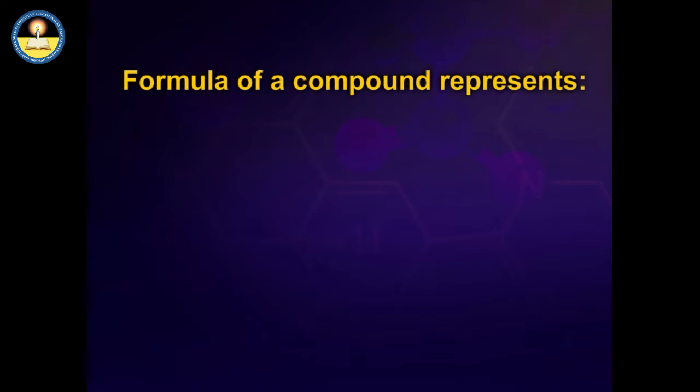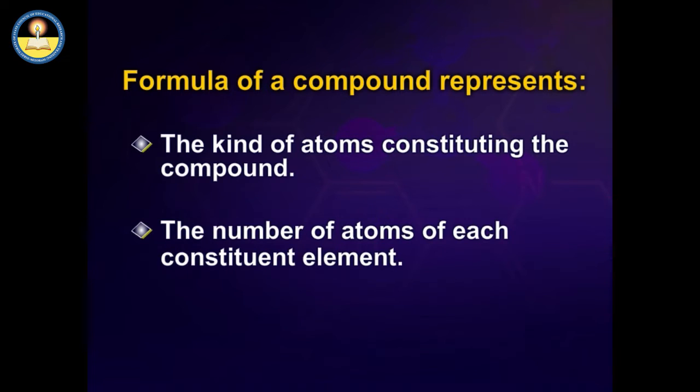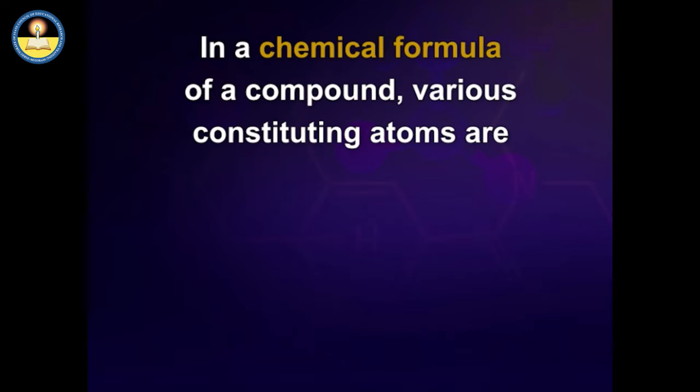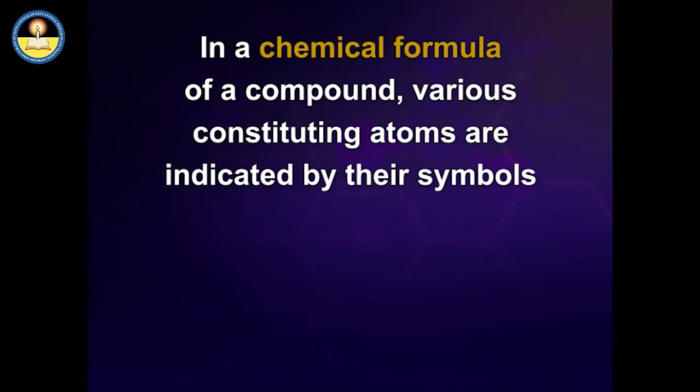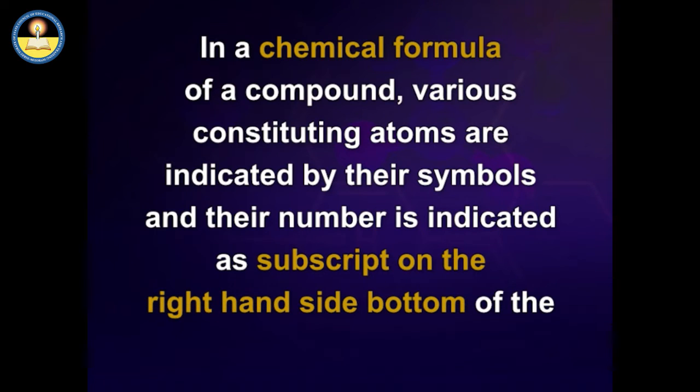The formula of a compound represents the kind of atoms constituting the compound and the number of atoms of each constituent element. In a chemical formula of a compound, various constituting atoms are indicated by their symbols and their number is indicated as subscript on the right-hand side bottom of the concerned symbol.